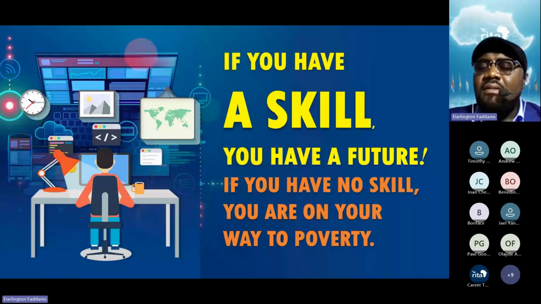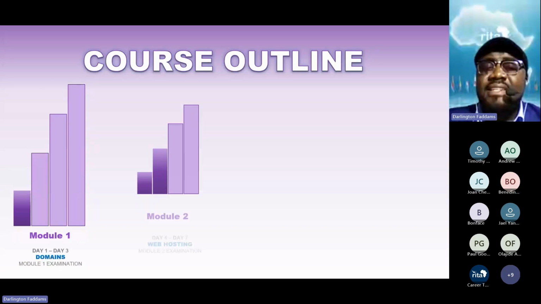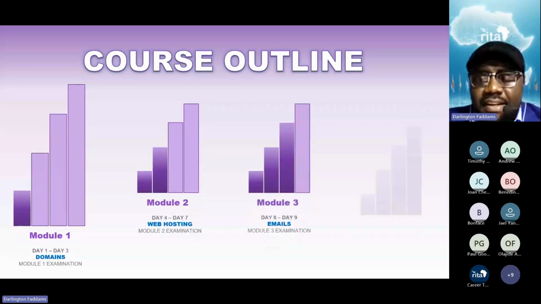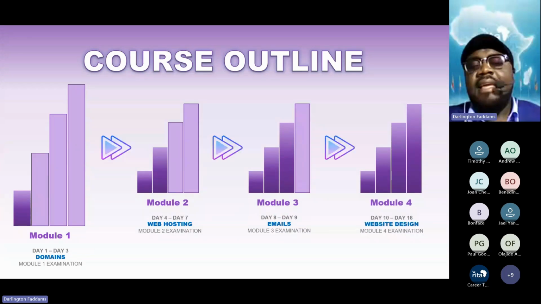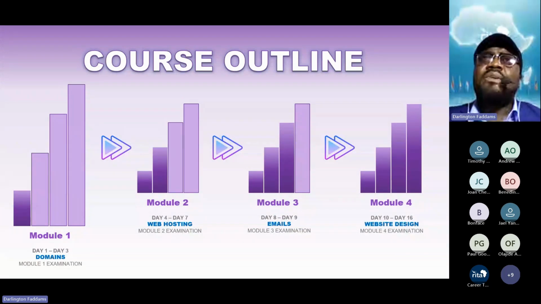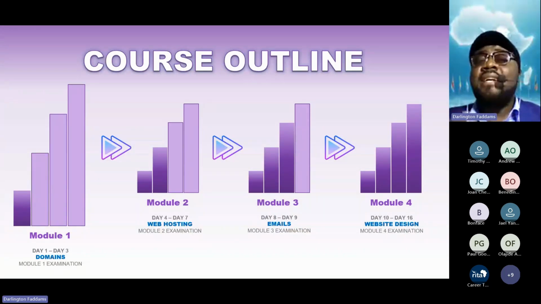What we are going to cover in these 4 weeks will be to develop a real practical skill that we can add to our knowledge. This particular course is designed into 4 modules. The first module is going to talk about domains. And so we are going to understand how we have domain names and how we create website addresses.